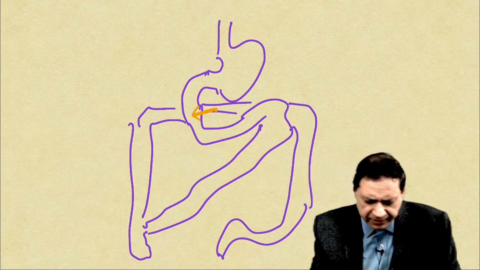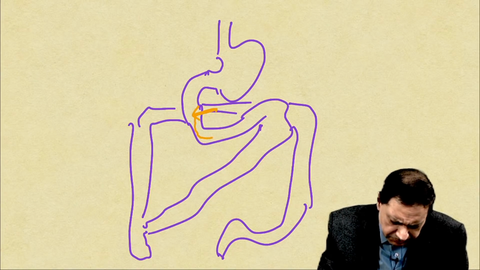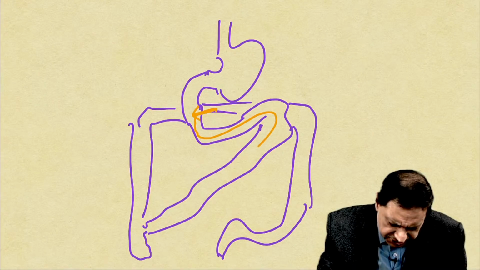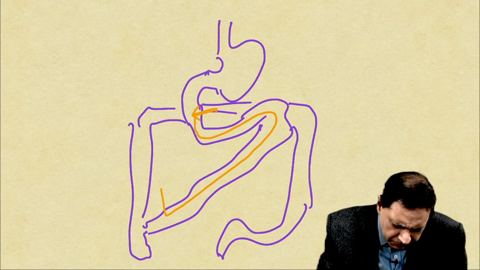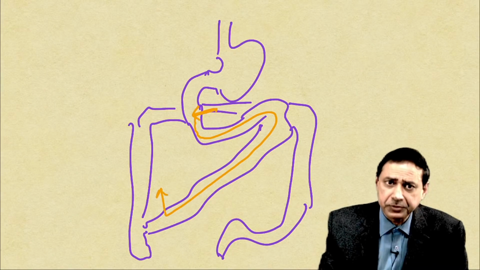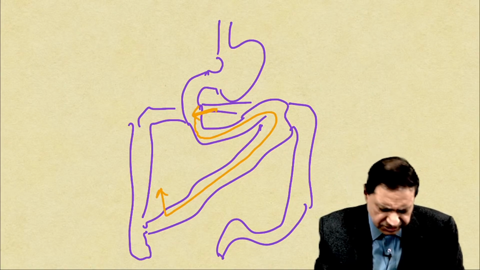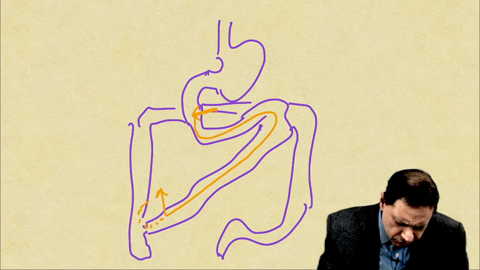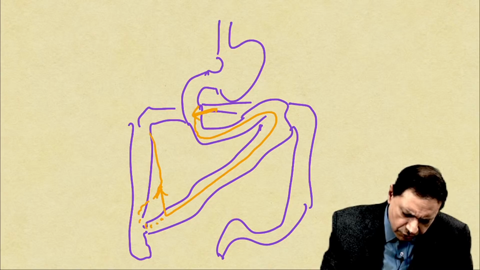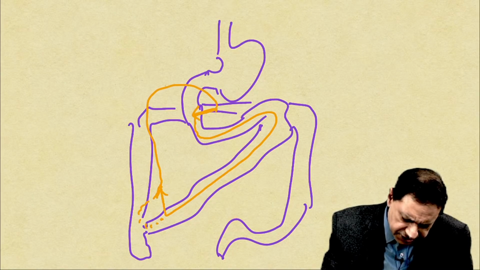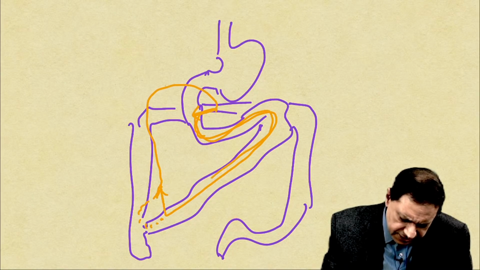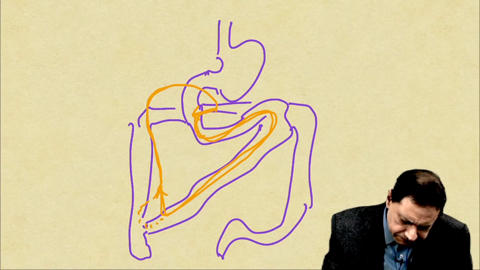It will come from the liver. They will emulsify the fat, digest it, absorb it, and from the terminal part of the ileum, maximum bile salts are reabsorbed. Some may be reabsorbed from the colon also, but maximum from the terminal ileum. Again it will go to the liver, again secreted in bile. So this is enterohepatic circulation.